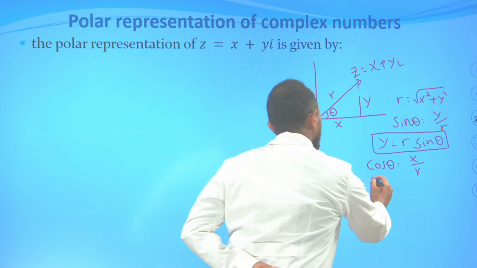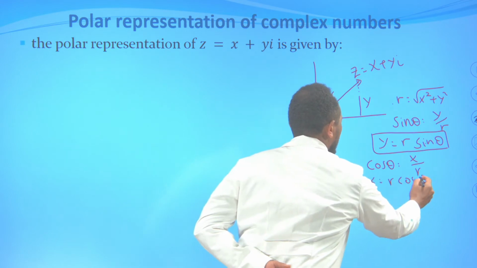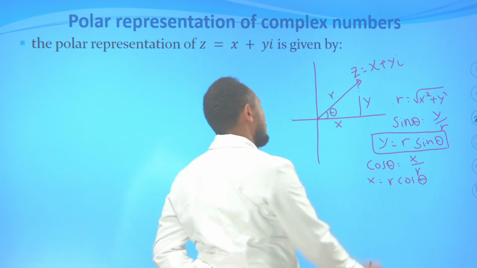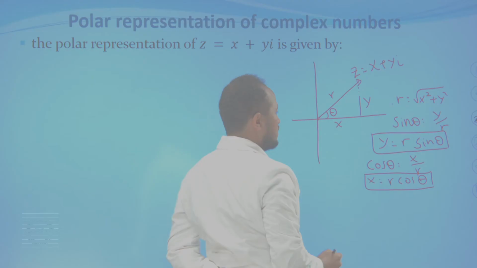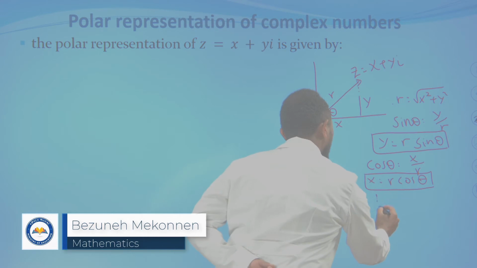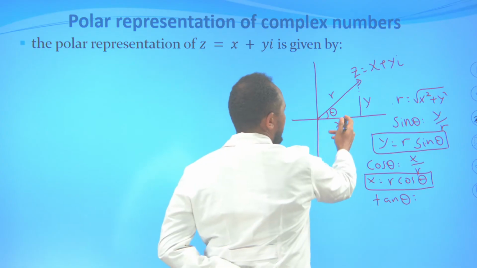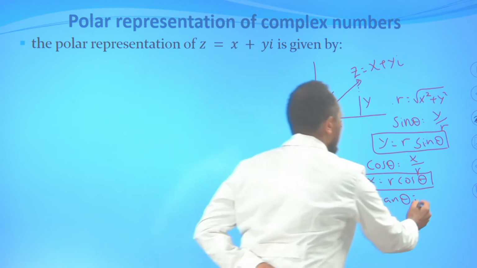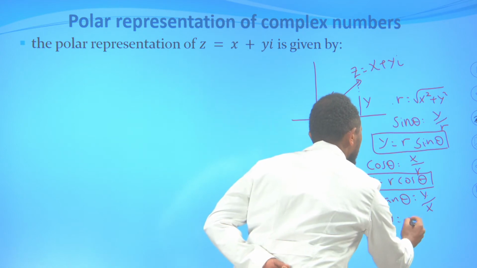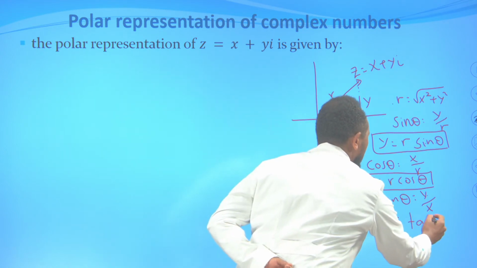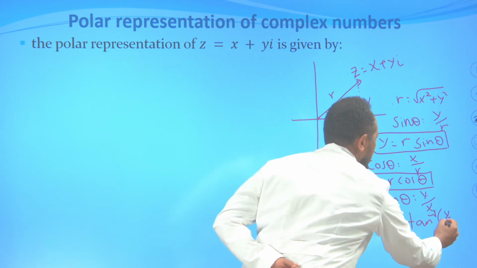Therefore, x is equal to r cosine of theta. We can also evaluate theta here. Tan theta is equal to y over x, opposite over adjacent, and theta can be evaluated using tan inverse of y over x.